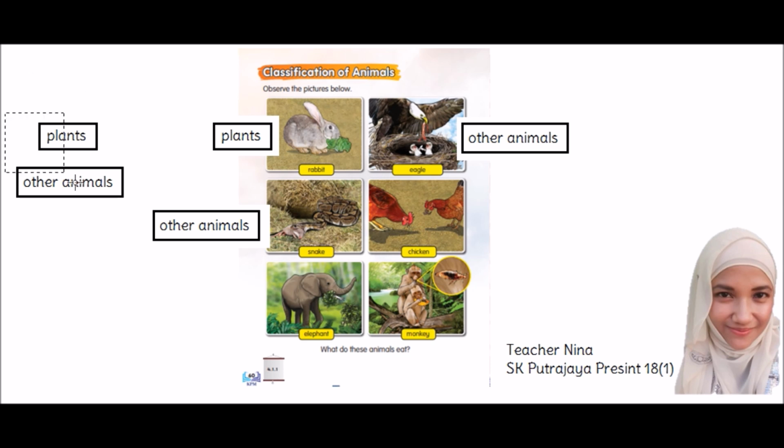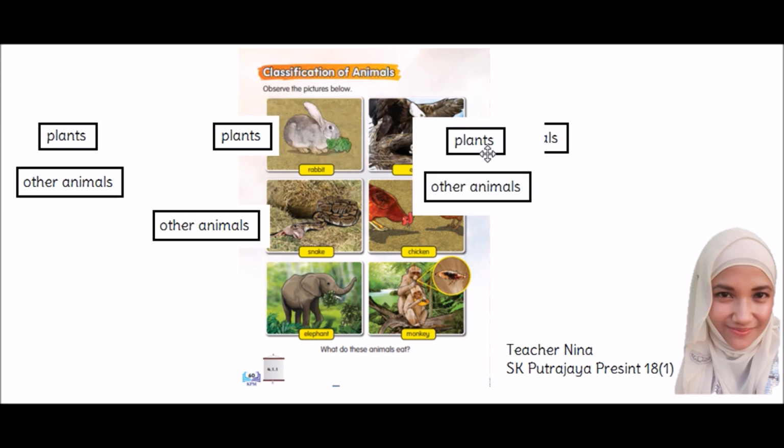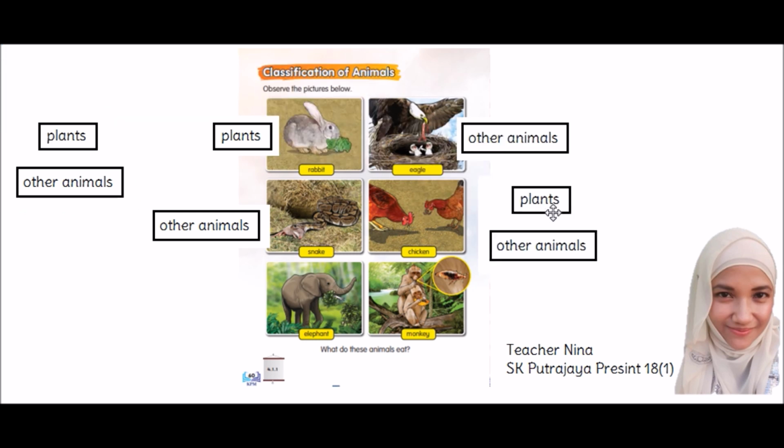So chickens eat both plants and other animals. What about this elephant then? What is the elephant eating? The elephant is eating some leaves, right? So leaves come from plants.